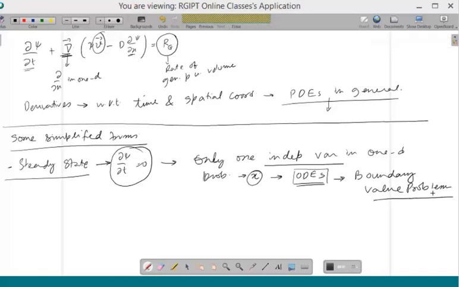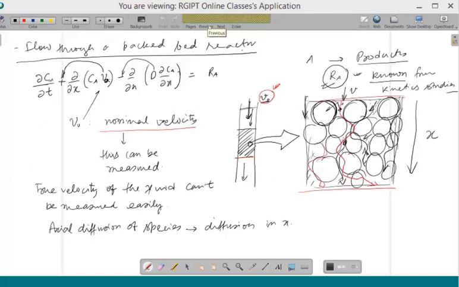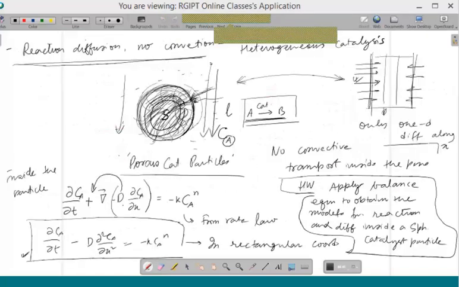For example, the example that we just talked about previously on this page: what is the steady state concentration profile established inside the catalyst particle? That would lead to this term going to 0, and I will be having D on this side equal to that.